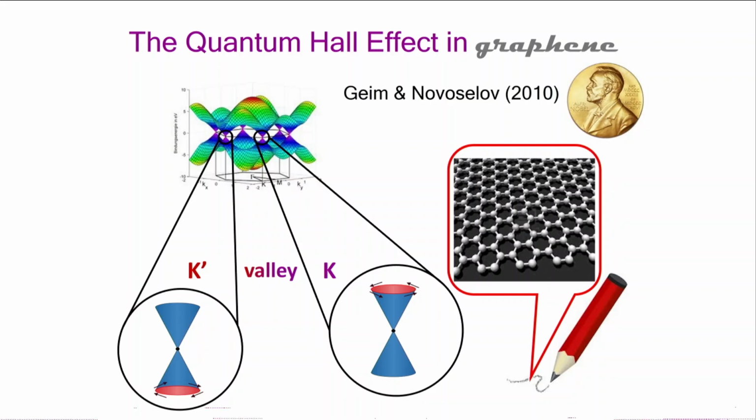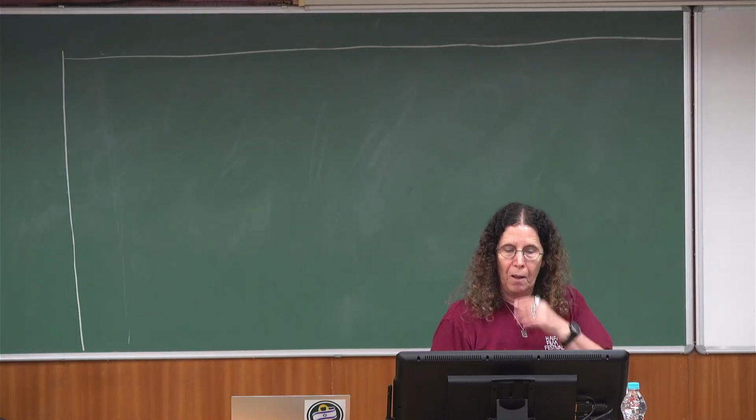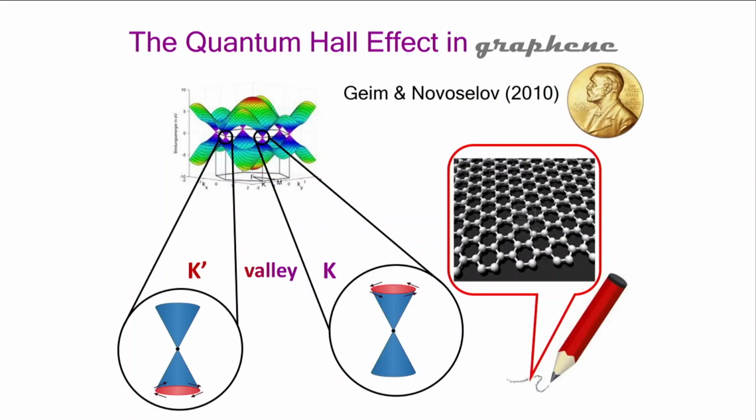Okay, now I'm coming to graphene, and why is this story relevant to graphene? So this is an introduction that you already discussed. The special thing about graphene is that it has this Dirac band structure.